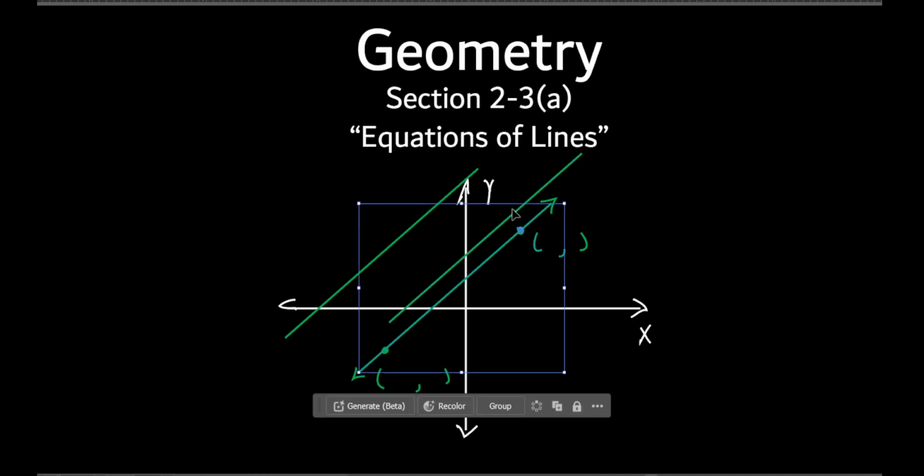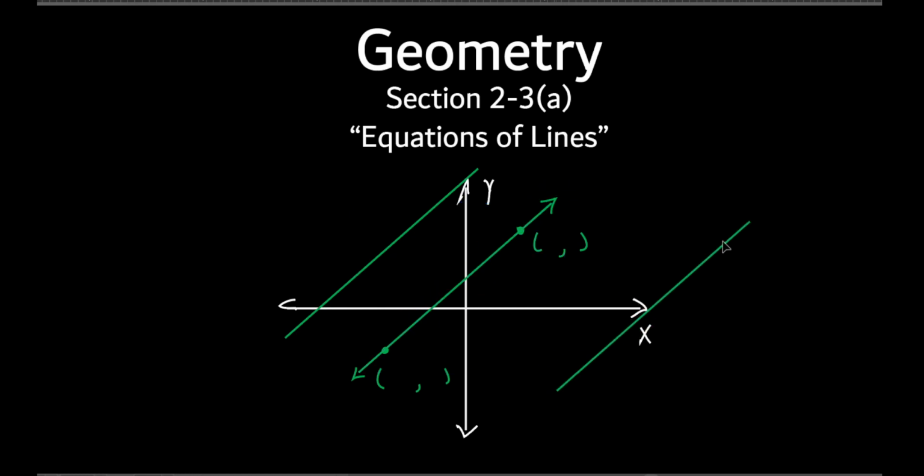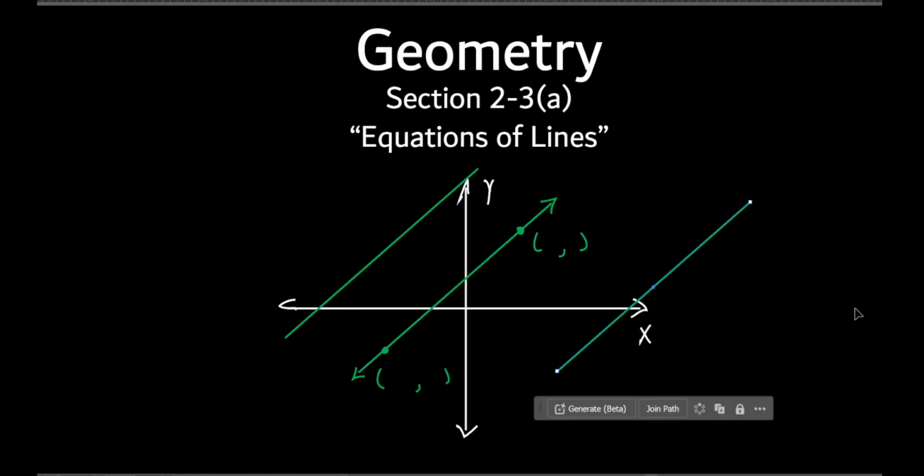You could just keep on putting line after line with the same slope, and you can have all these different lines, all right? So what we are really concerned about is one unique line, and so I'll call it xy, but instead of just xy, we'll call it x1, y1.